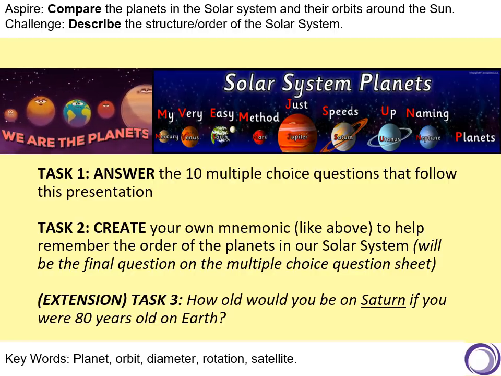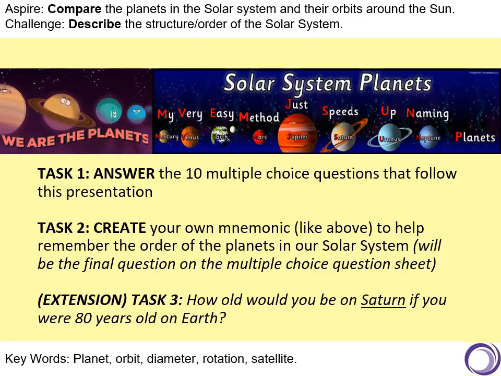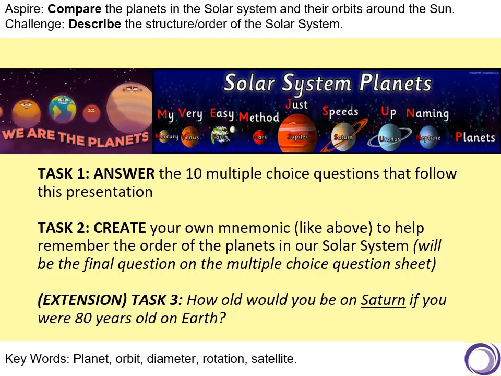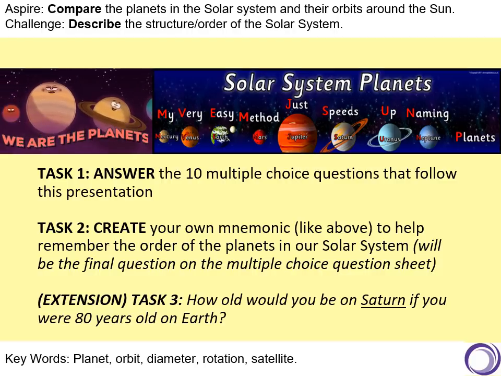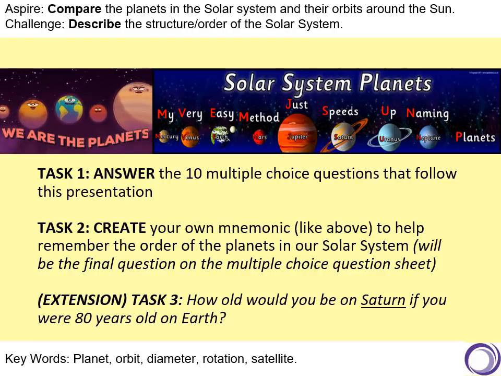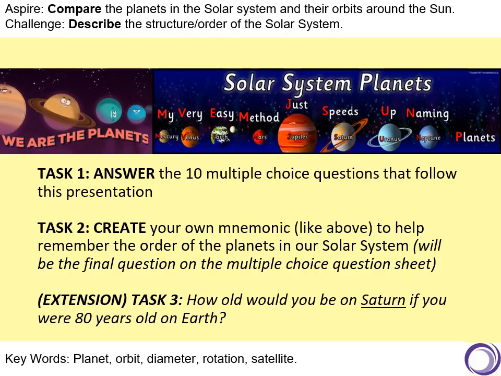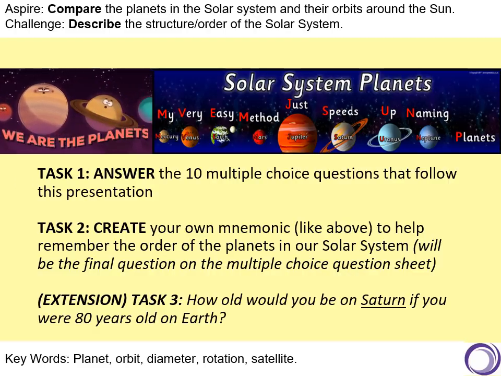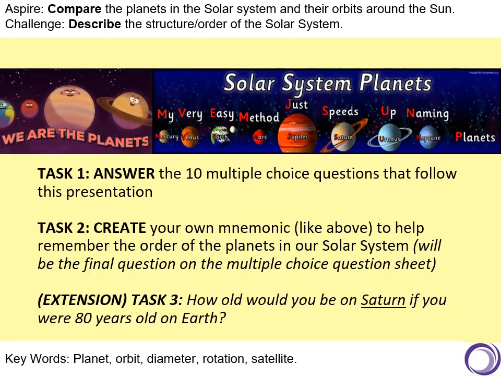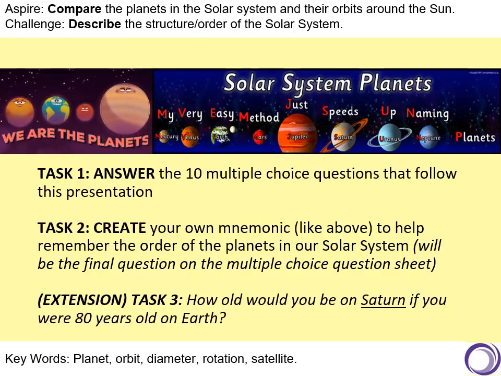do so. Task 3, which is an extension task, a bit of numeracy. How old would you be on Saturn if you were 80 years old on Earth? So what you would require for this is to know how long it takes for Saturn to orbit the Earth. The Earth, oh my goodness.